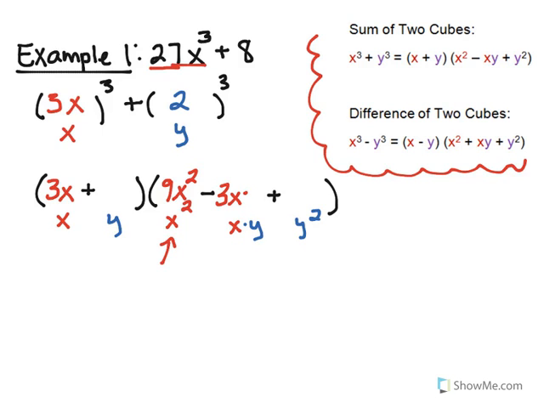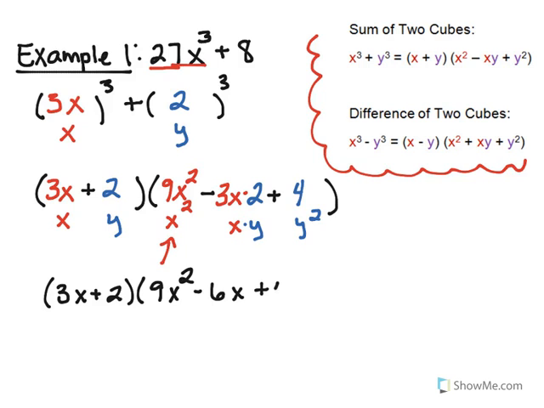And now I'm going to bring in my y, which is 2. So I'm going to write plus 2 and times 2, and then 2 squared is 4. So the last part is just to simplify. So the 3x plus 2 doesn't need any simplification, as it's already simplified already. And I'm going to bring down the 9x squared. And now 3x times 2 is negative 6x, and then plus 4. And that is my answer, just like this.